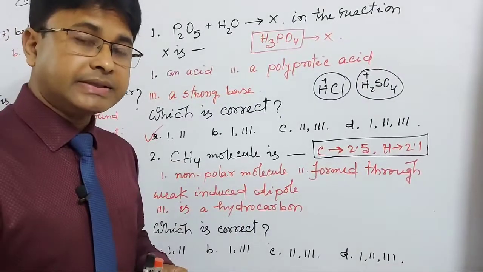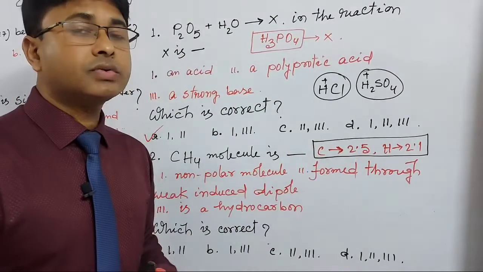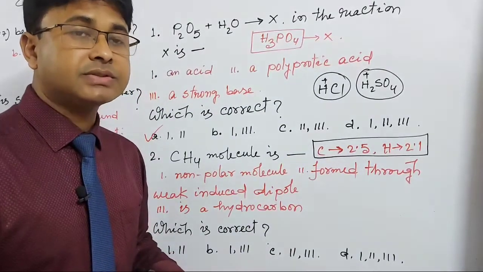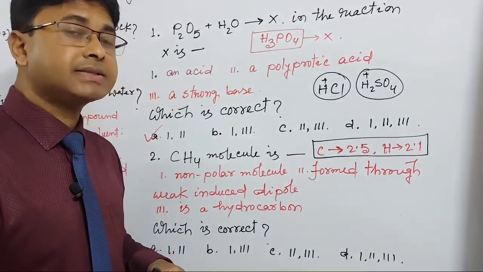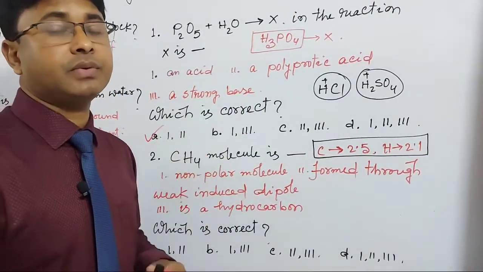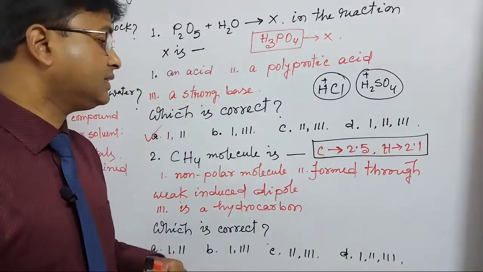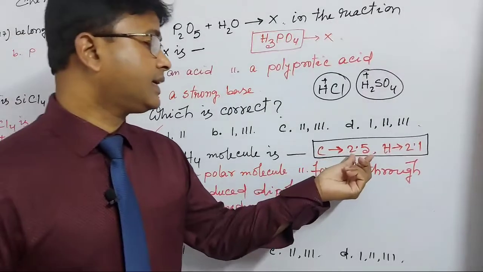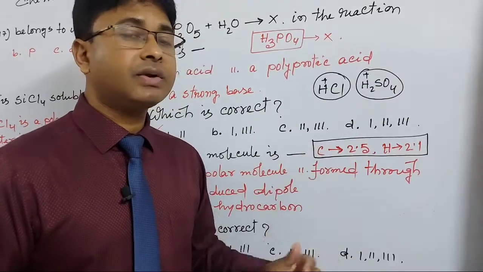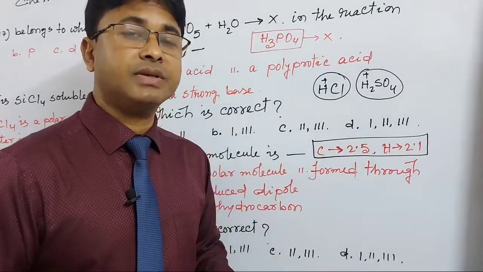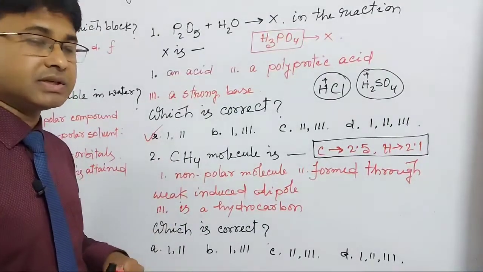We know that if the difference of electronegativity between two atoms in a molecule is more than 0.5, in that case a positive pole and negative pole, a dipole, is created. But here the difference of electronegativity between carbon and hydrogen is less than 0.5. That's why no dipole is created here.